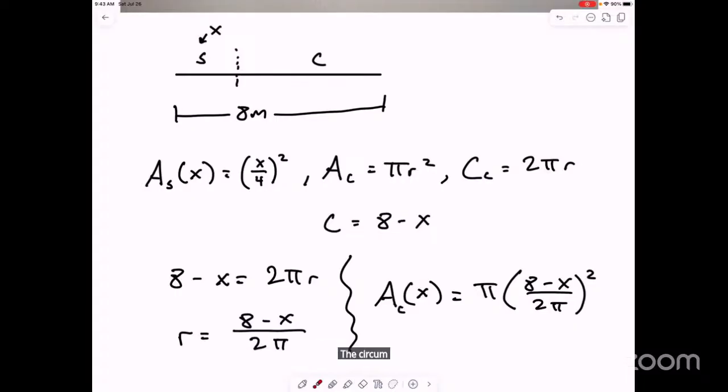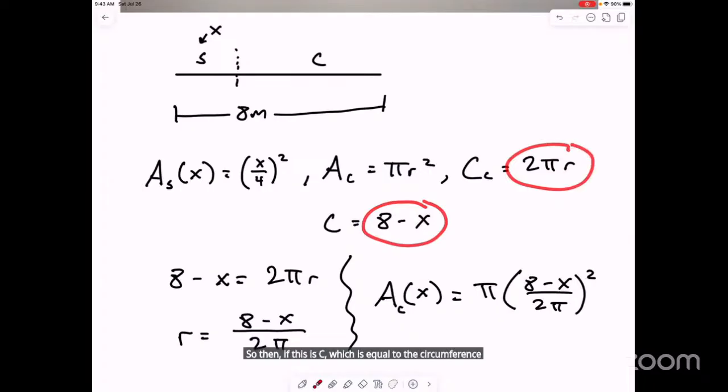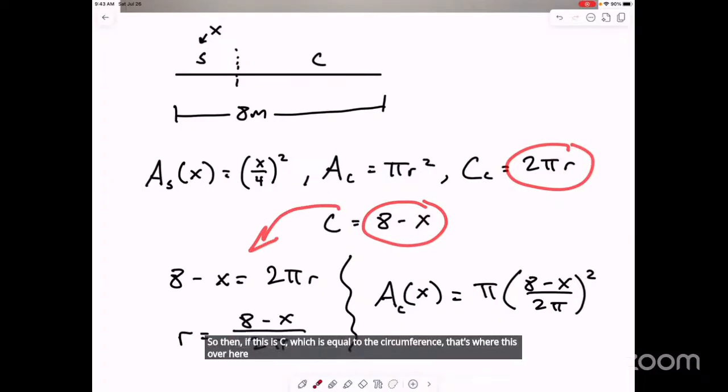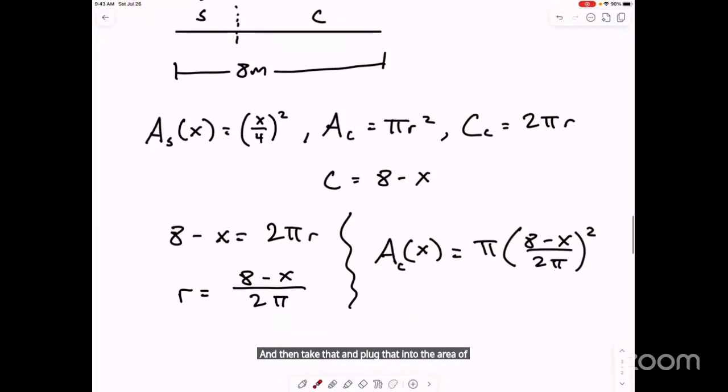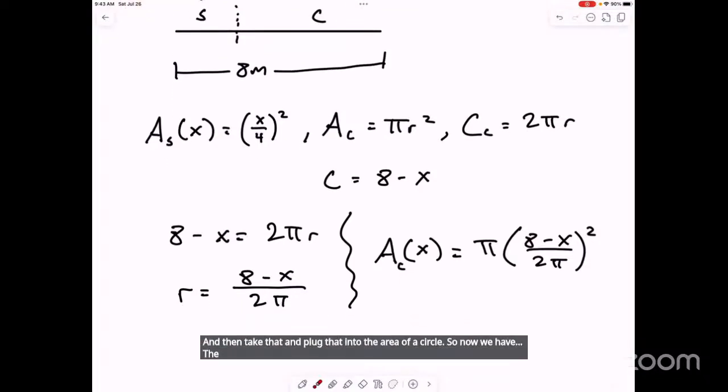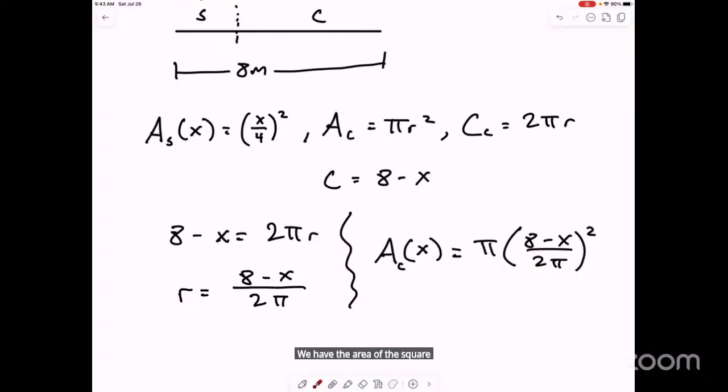The circumference of a circle is in general 2 pi r. So if this is C, which is equal to the circumference, that's where this came from. If we solve for r in terms of x, we get this. Then we plug that into the area of a circle. So now we have the area of a circle in terms of x, and the area of the square in terms of x.